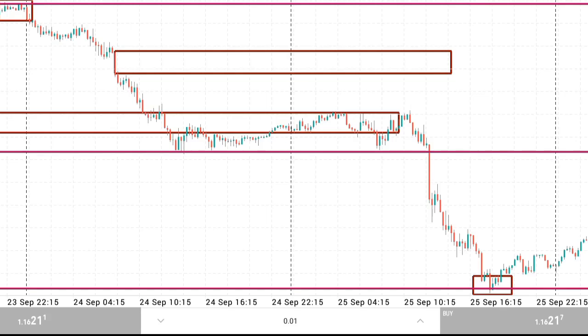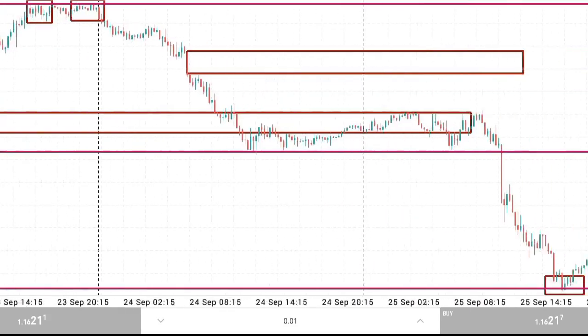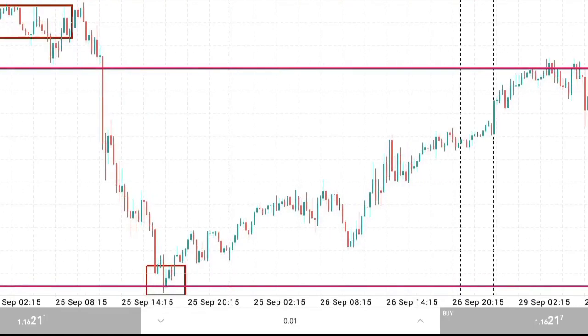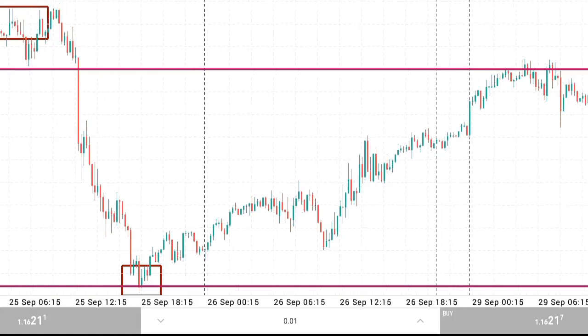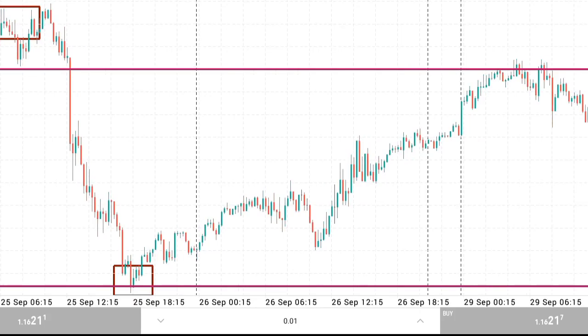Once price reaches this support, you will know that there is a possibility of buying, and of reversal also. Traders place buy orders near the region of support.